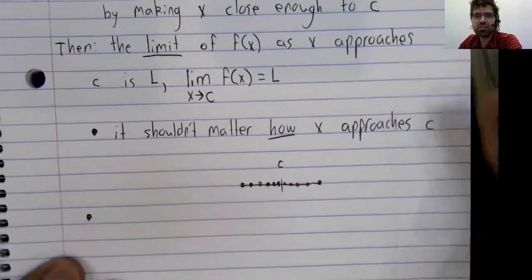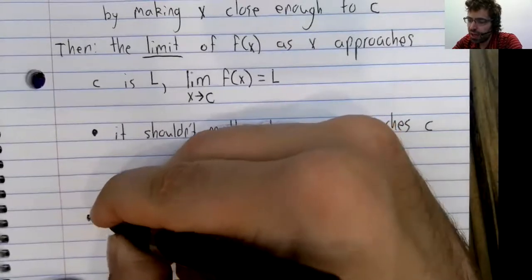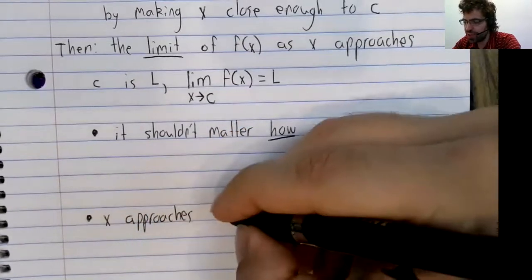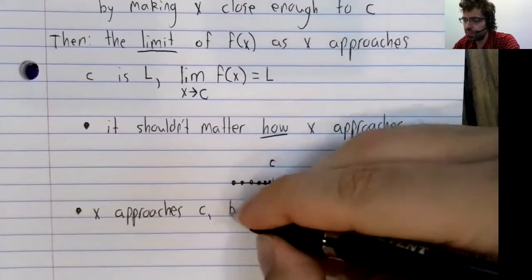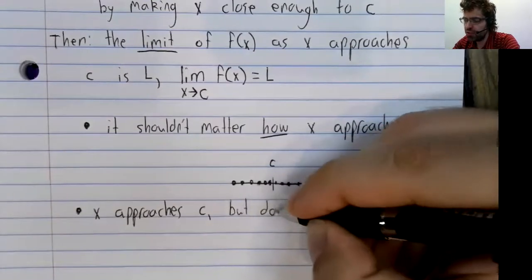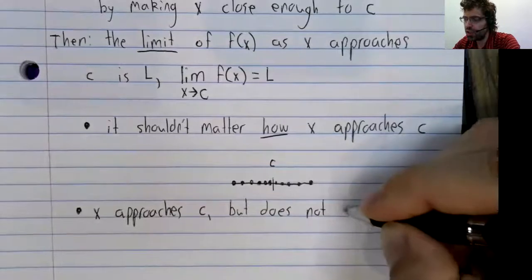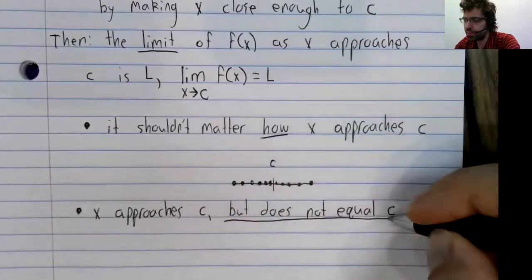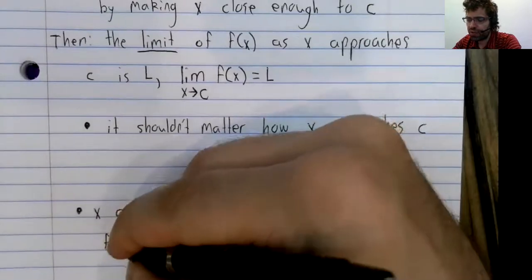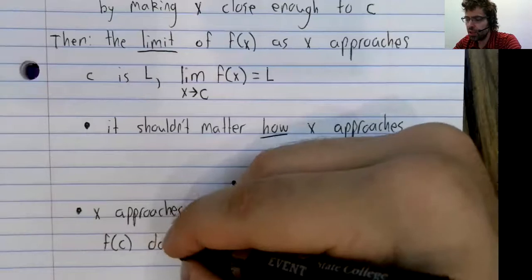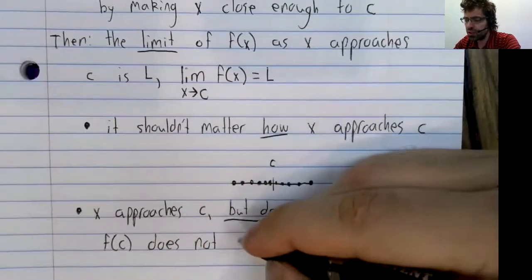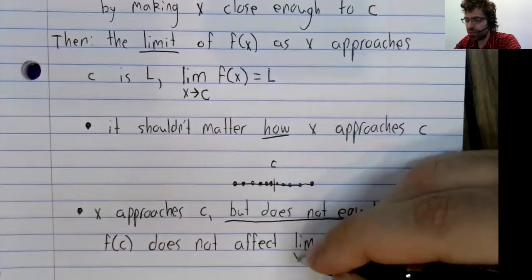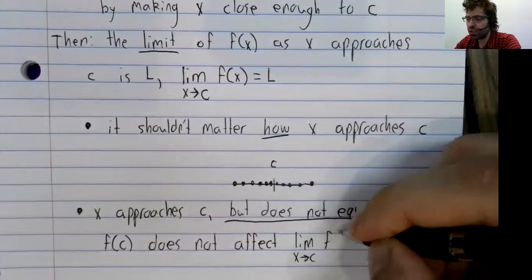Second, and this is just so important, x approaches c, but does not equal c. f of c does not affect the limit as x approaches c.